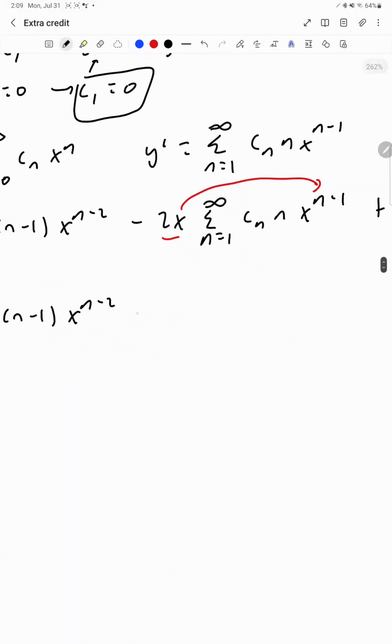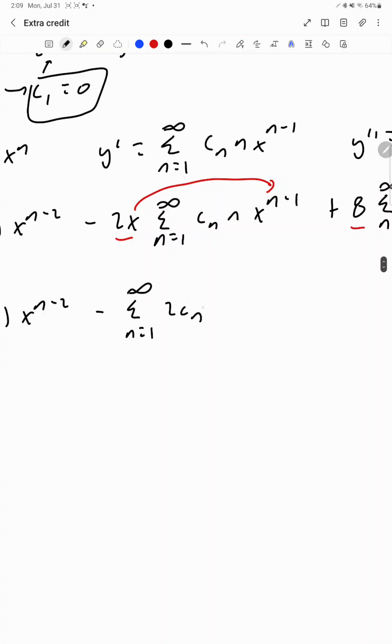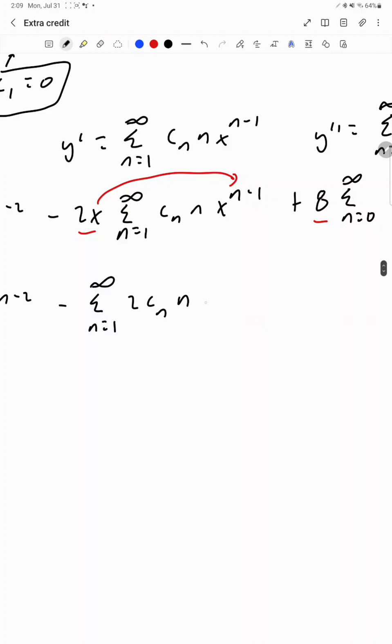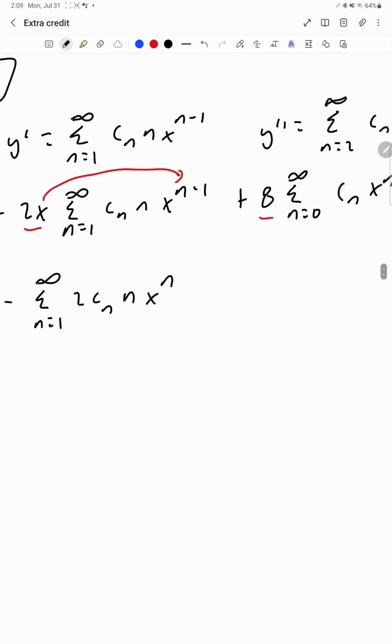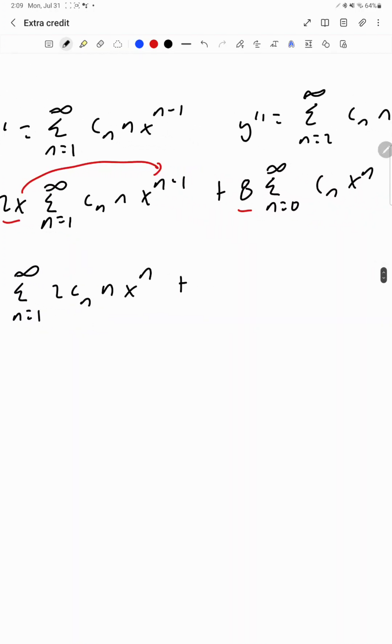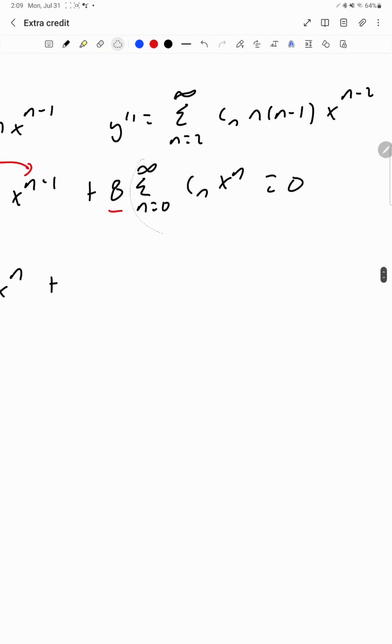And then this part becomes the sum from n equals 1 of cn n, and then x to the power of n, plus this doesn't really change, so I'm just going to copy paste this. You just move the 8 inside.